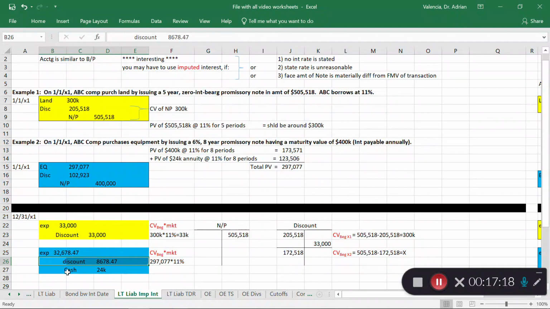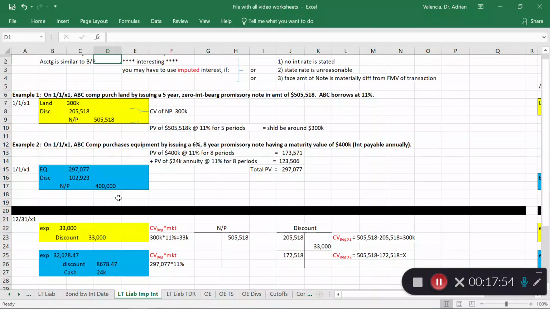The reason I can plug that is because this cash is always going to be $24,000. It's what's stated. So 6% times 400 is the amount we stated as interest. Every time you pay interest, it's $24,000 no matter what happens to interest rates. So this discount is the amount that I'm going to amortize. And again, since I'm amortizing the discount, the value of the discount account goes down and the carrying value of the loan goes up for the next period.